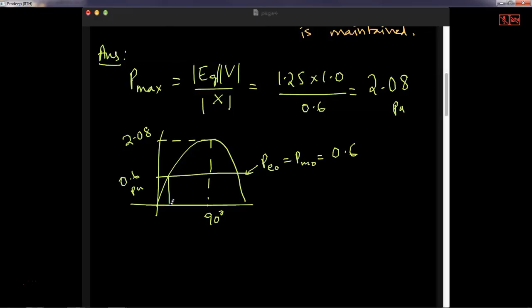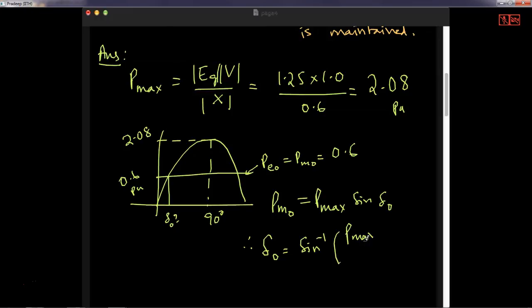Now what is the delta naught? You notice that PM naught equals Pmax sine delta naught. Therefore delta naught will be sine inverse of PM naught by Pmax.